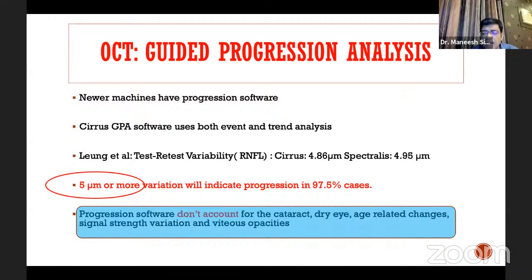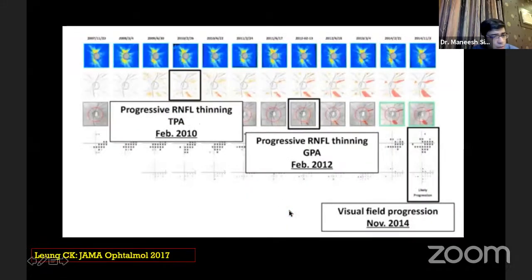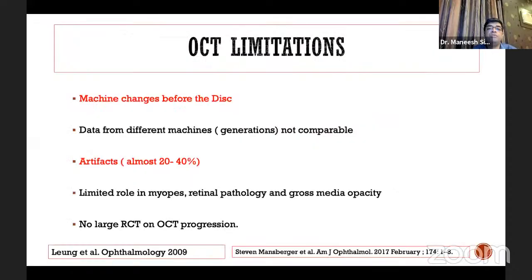But even the most recent AGIS guideline has highlighted that most of these software programs don't account for cataract, dry eye, aging changes, or vitreous opacity. So when you have this 5 micron change, you have to make sure these artifacts are not there. But if you can take care of these artifacts, and you are seeing changes on the same machine over time with proper image registration, definitely OCT will show you progression almost 4 to 5 years ahead of the visual field.